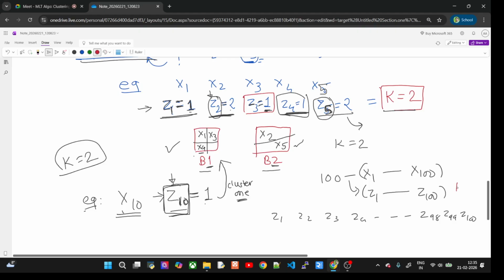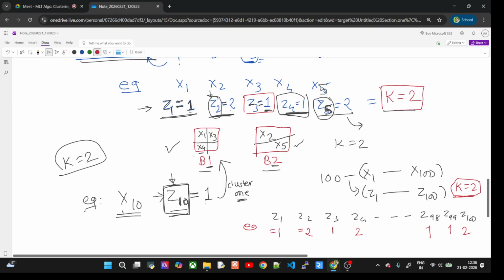Because if you mention that you just want to put the points into two clusters, two boxes, which is given by the k value, then z1 will have either 1 or 2. For example, z1 will have 1, z2 will have 2, z3 will have 1, z4 will have 2, z98 will have 1, z99 will have 1, z100 will have 2.